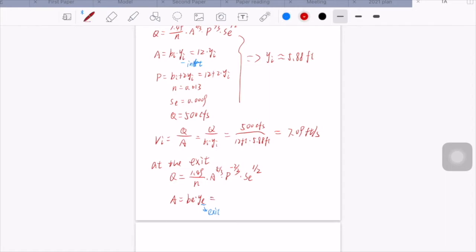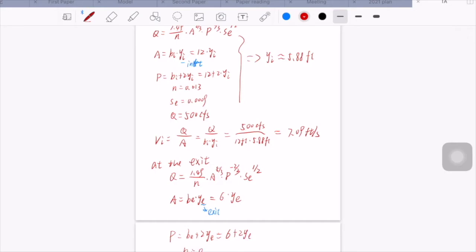So it equals 6 times y_E. And P equals b_E plus 2y_E equals 6 plus 2 times y_E.